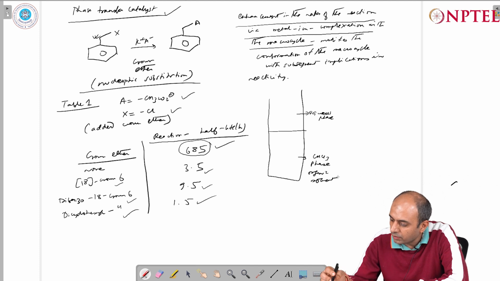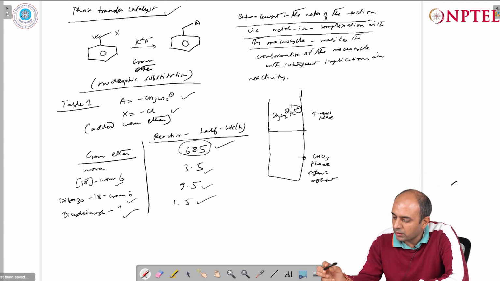Now what I am doing is I have taken the corresponding potassium acetate, and it is in the aqueous phase.